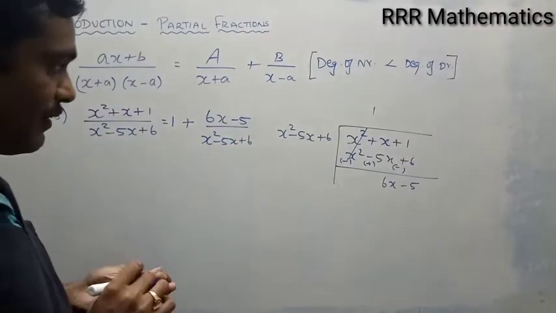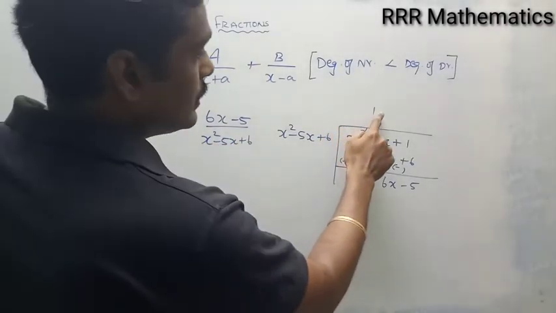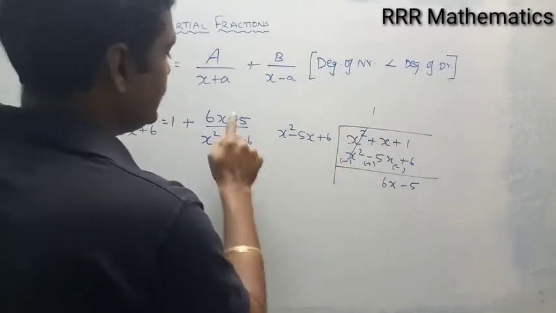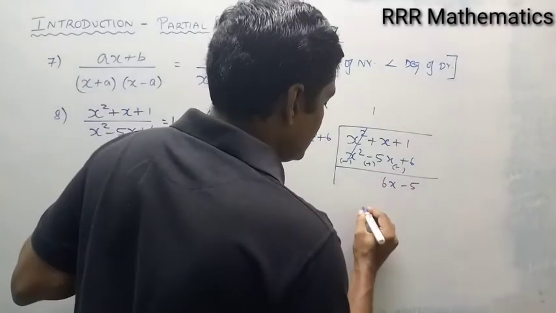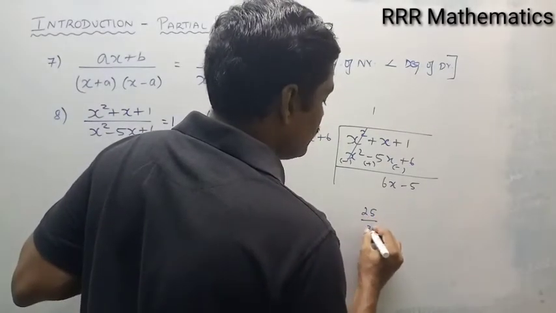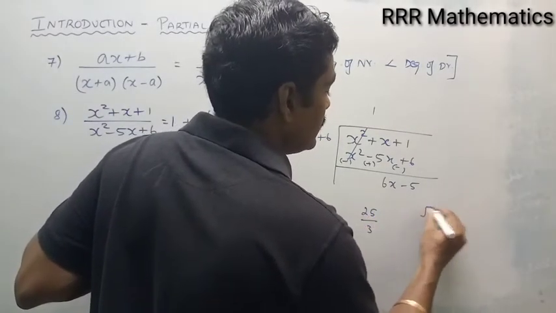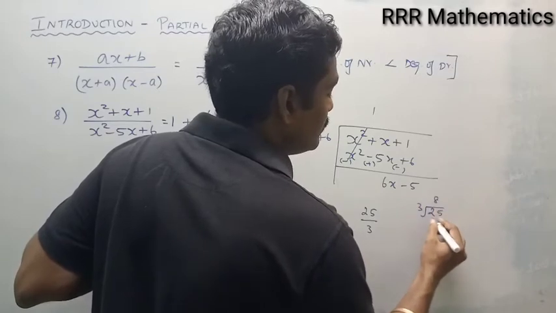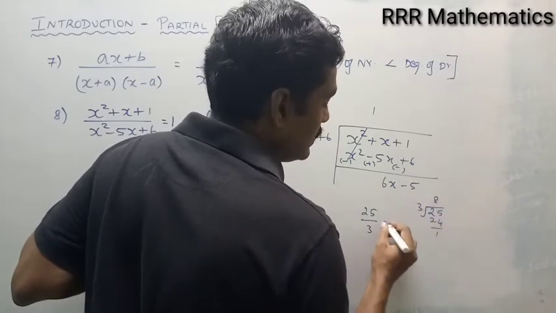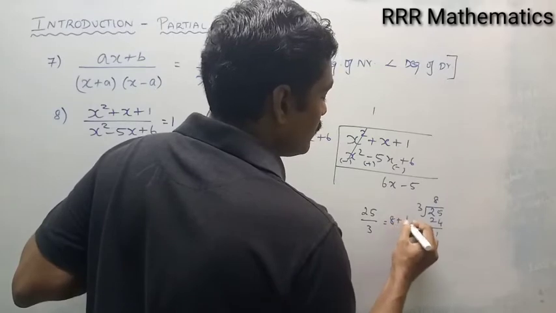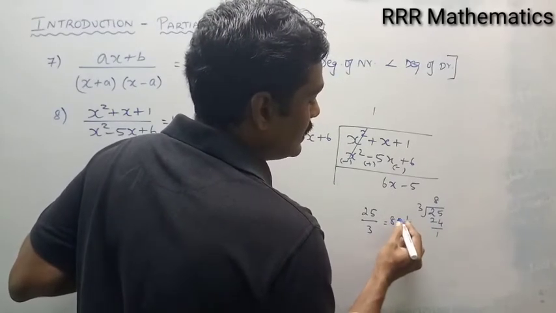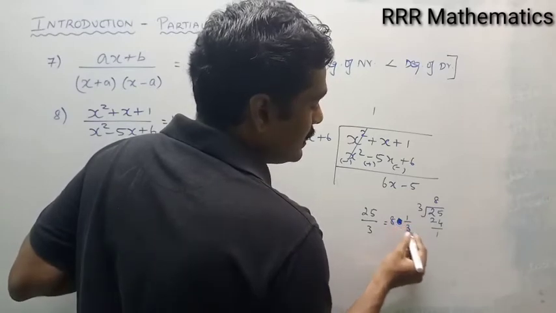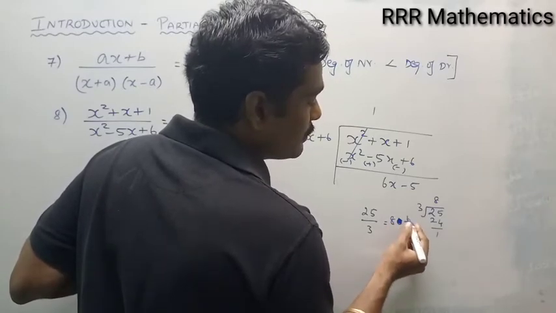Can you remember a mixed fraction? The quotient plus the remainder over the divisor. This is what we will write. For example, I have 25 divided by 3. 8 times 3 is 24, it gives remainder 1. See how we write it: 8 plus 1 by 3. For a mixed fraction we may write like this, 8 1 by 3. 8 3s are 24, 24 plus 1, 25 by 3.